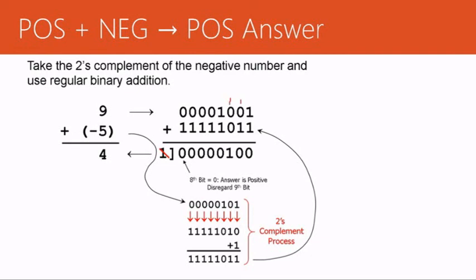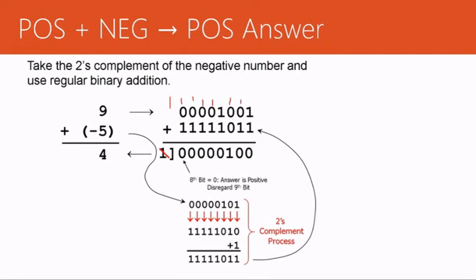So 1 plus 0 is 1. 1 plus 1 is 0, carry 1. 1 plus 1 is 0, carry 1. 1 plus 1 is 0, carry 1. 1 plus 1 is 0, carry 1. And again, since this is 8-bit, we are going to disregard the last bit or the 9th bit. So our answer is 0, 0, 0, 0, 0, 1, 0, 0.